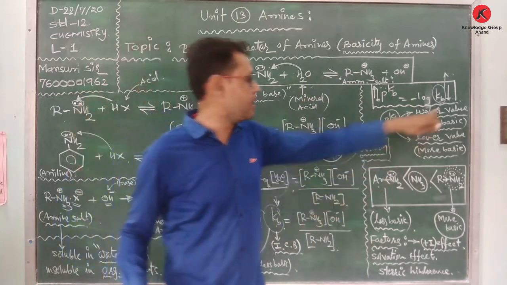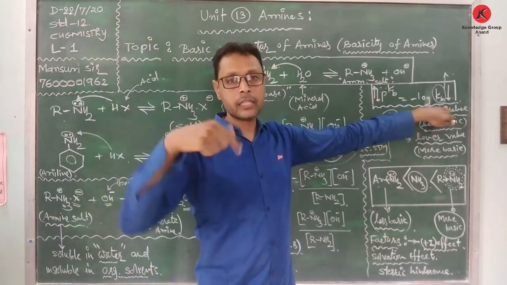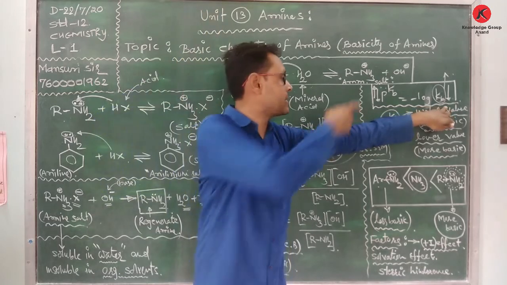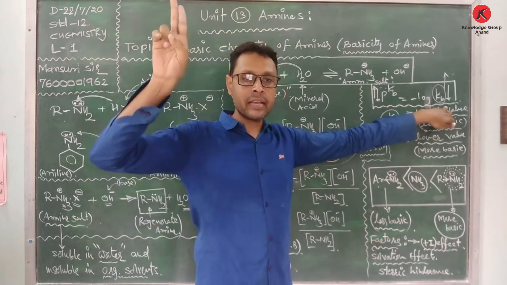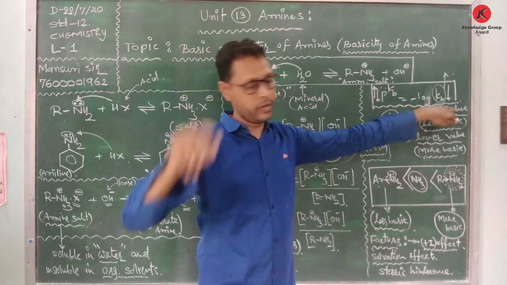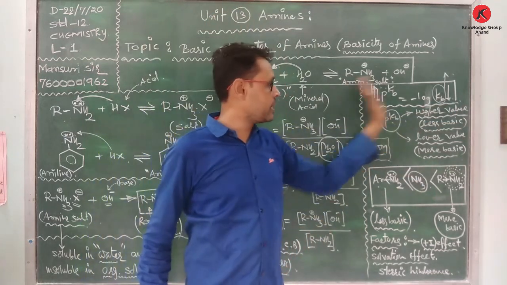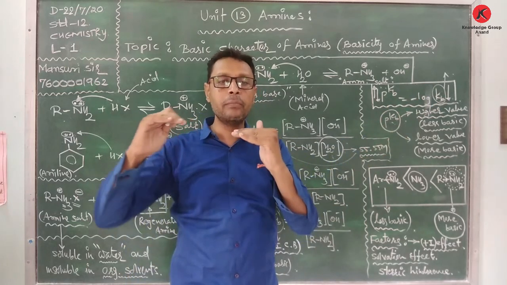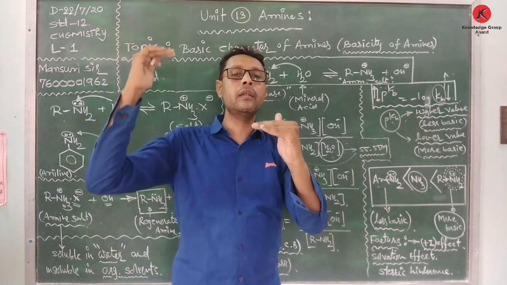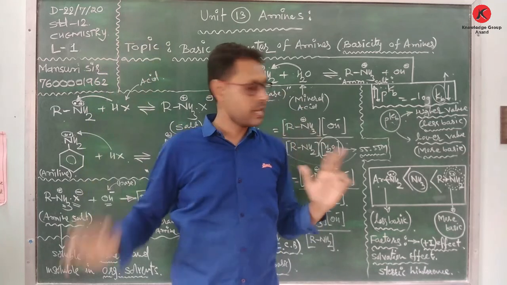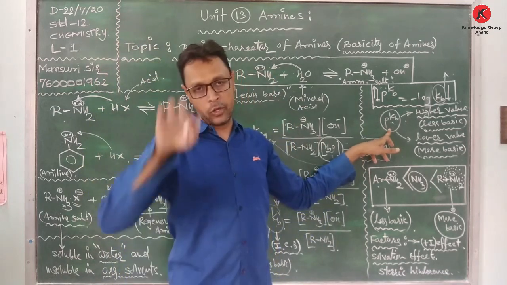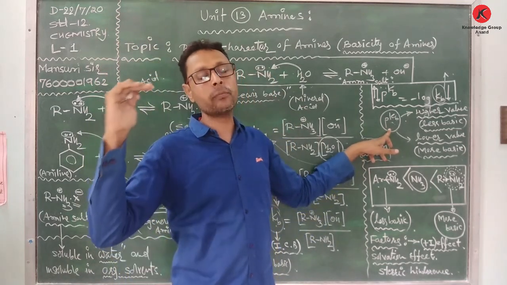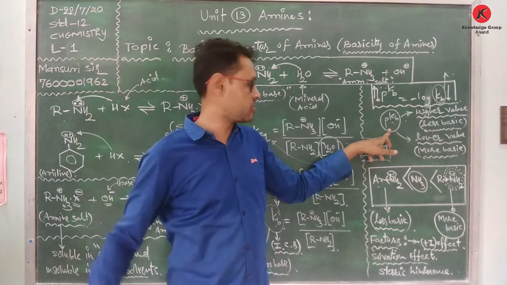If Kb is lower, then pKb will be higher due to the minus sign, and if Kb is higher, then pKb will be lower. So by this correlation, we can say that if the pKb value is higher, then basicity is less, and if pKb is lower, then basicity of the substance is more.